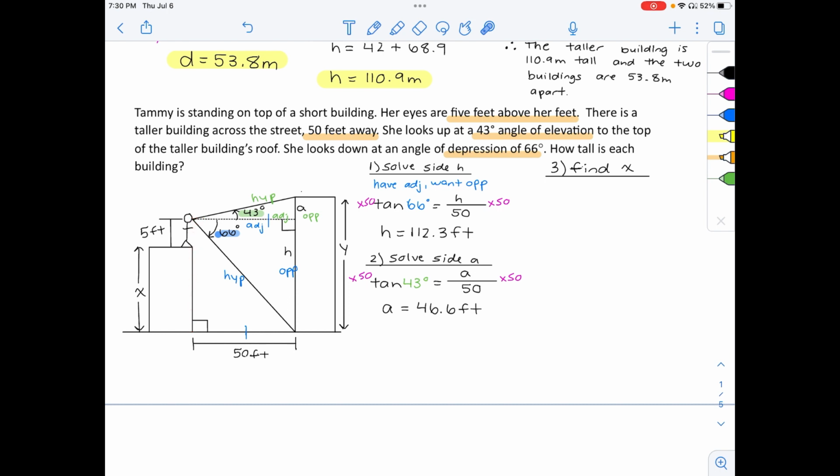So to find X, I'm going to say X is equal to H, that height, that side of the triangle that I found, subtract 5 feet, because that's the 5 feet from Tammy's eyesight to her feet. So X is 112.3 subtract 5. So X is 107.3 feet tall.